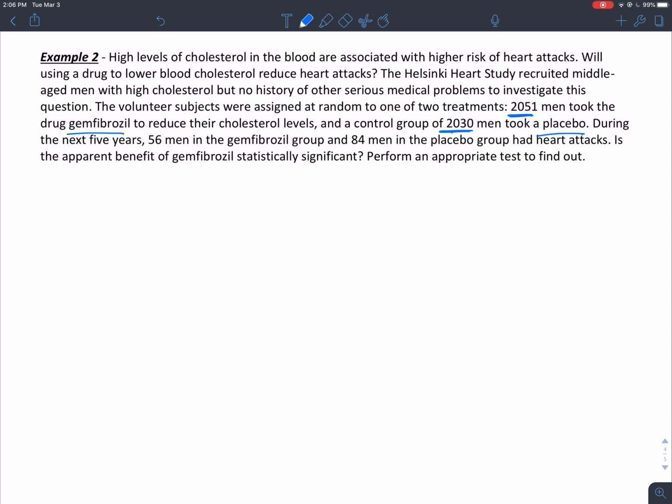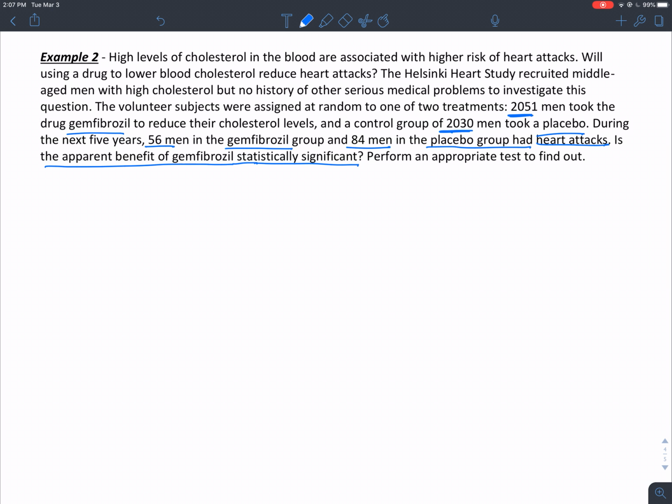Okay? So treatment versus placebo or control. During the next 5 years, 56 men in the gemfibrozil group and 84 men in the placebo group had heart attacks. Is this apparent benefit of gemfibrozil statistically significant?